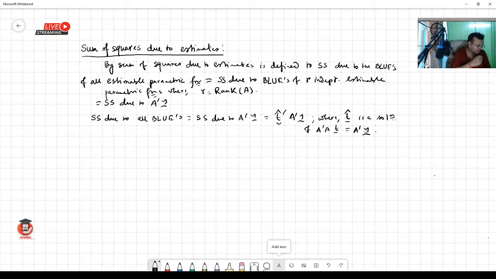So SS due to estimate is equal to theta hat prime A prime y, where theta hat is a solution of the normal equation.